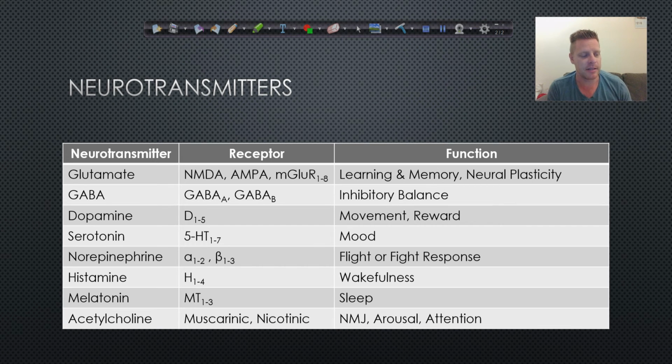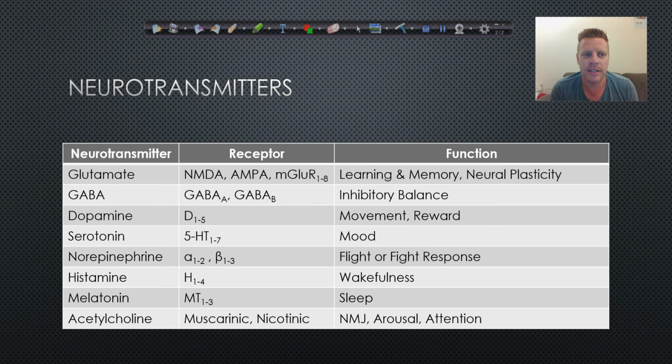And while we're on that subject, there is a required reading that is posted to the module page, an article by Soderling and Derkach that summarizes the role of glutamate and its receptors in neuroplasticity.